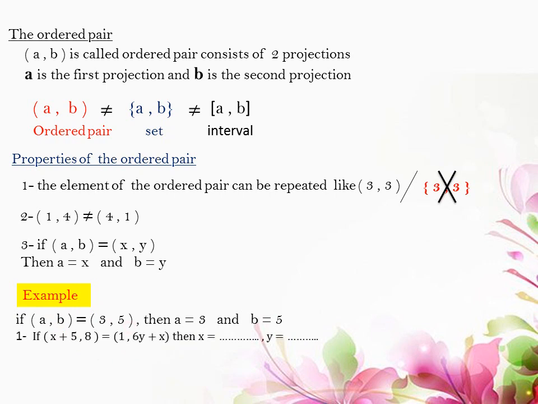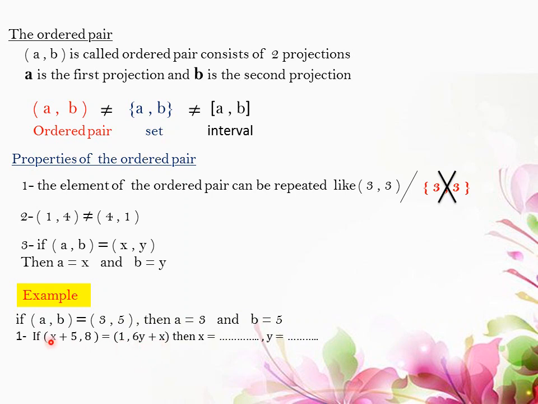Another example: (x + 5, 8) equals (1, 6y + x). The first projection is x + 5 and the second projection is 8, and they equal 1 and 6y + x.